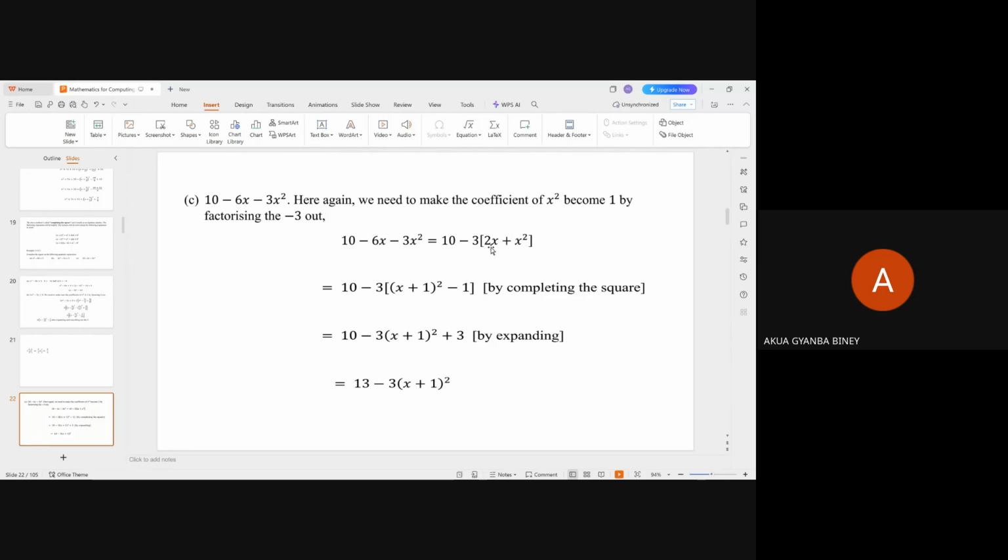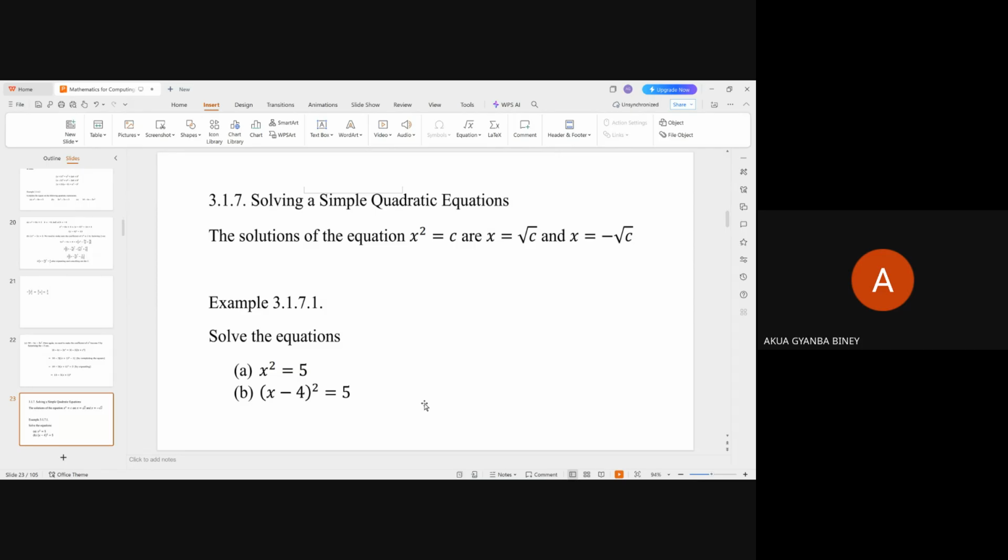In this case, this b is 2, the coefficient of x is 2. 2 over 2 is 1. That's where this one is coming from, all squared. And 2 over 2 all squared, so 1 all squared is still 1. Yes, we subtracted it. And here, expand the brackets and then move on to the final answer.